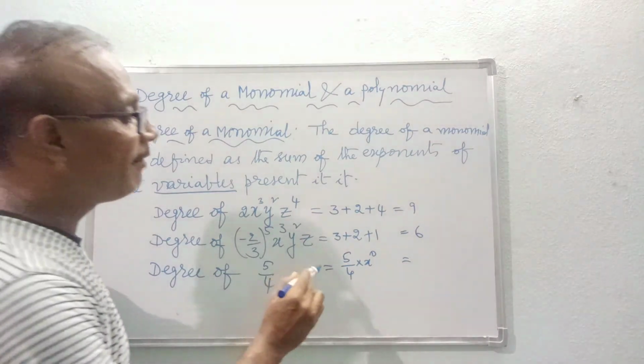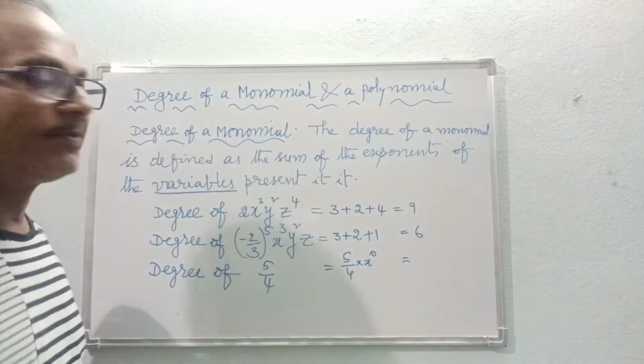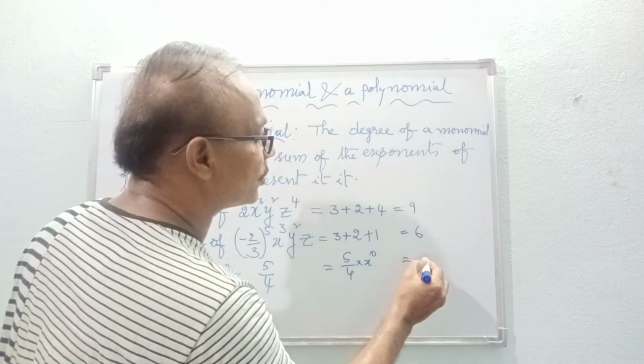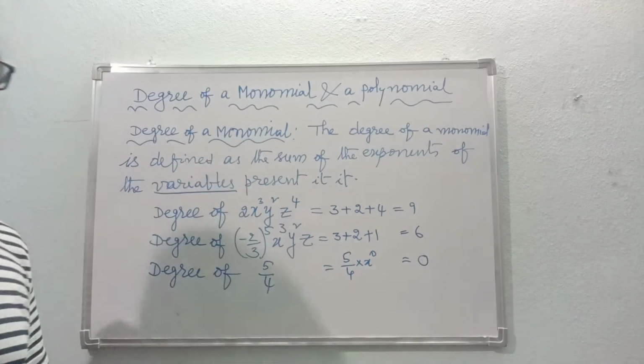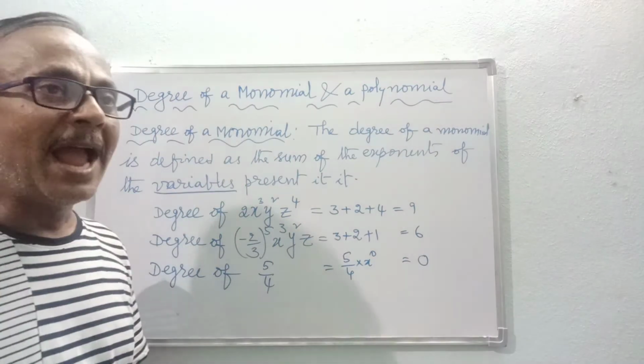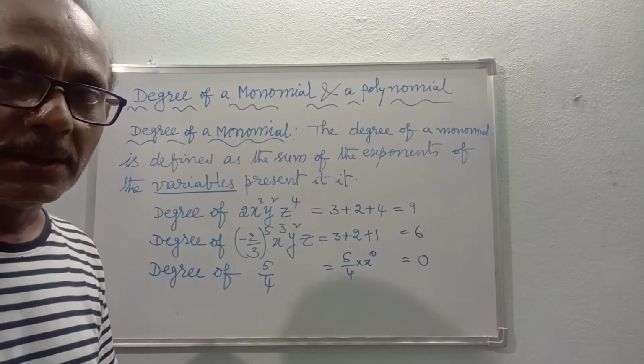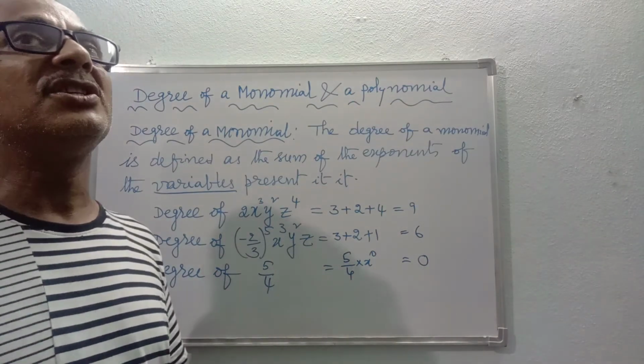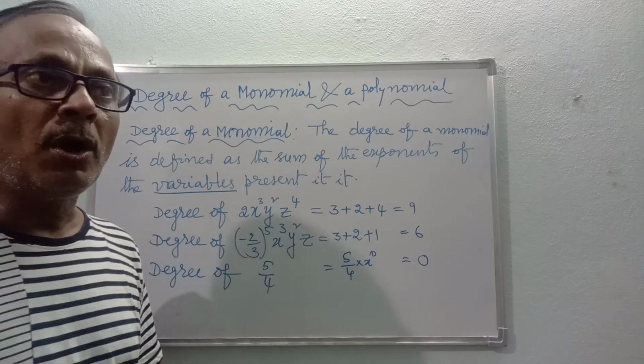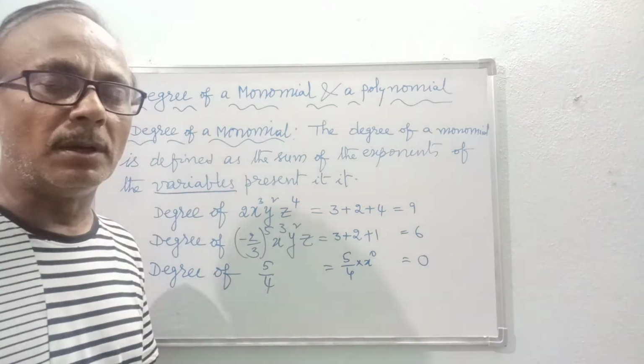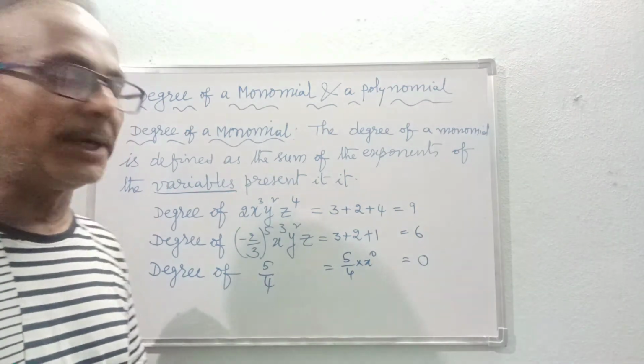So now the variable present in this is x. And what is its exponent? 0. So whenever a term has no variable in it, its degree is 0. We know if a term has no variable, then we call it a constant term.